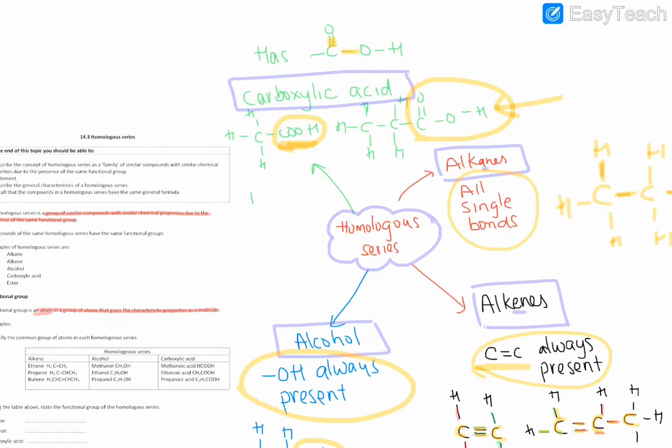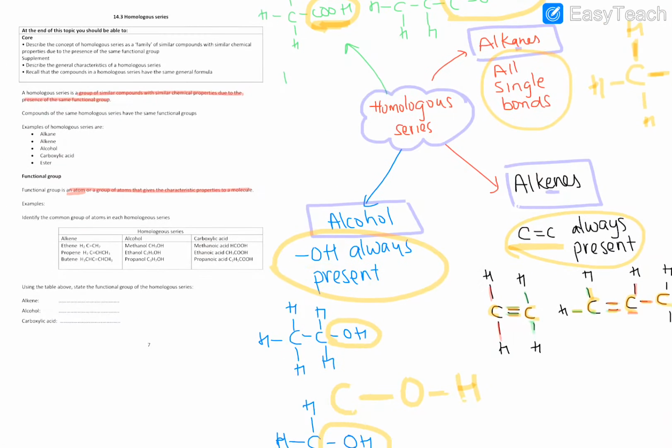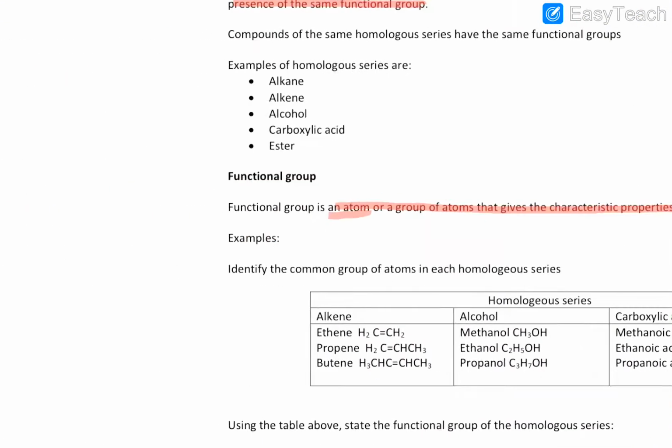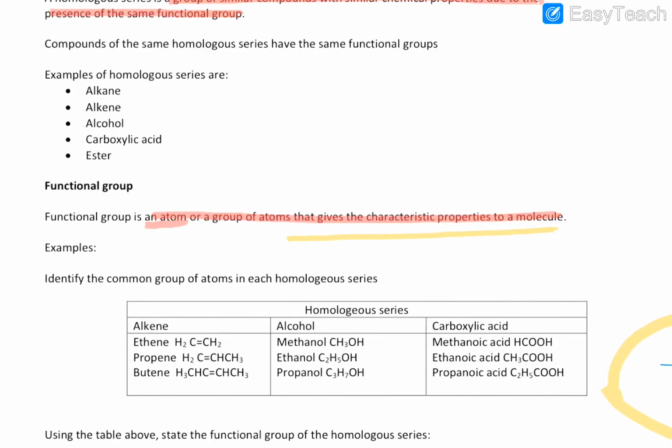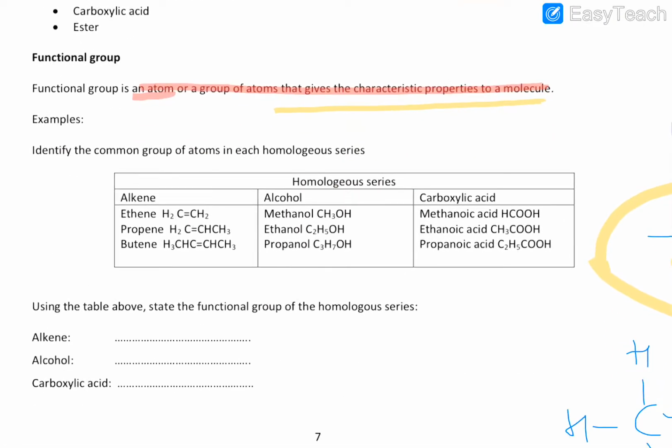And because of the OH group here, alcohols are easily oxidized. So you see, different functional groups will allow for different kinds of reactions. So it gives the characteristic properties to a molecule.